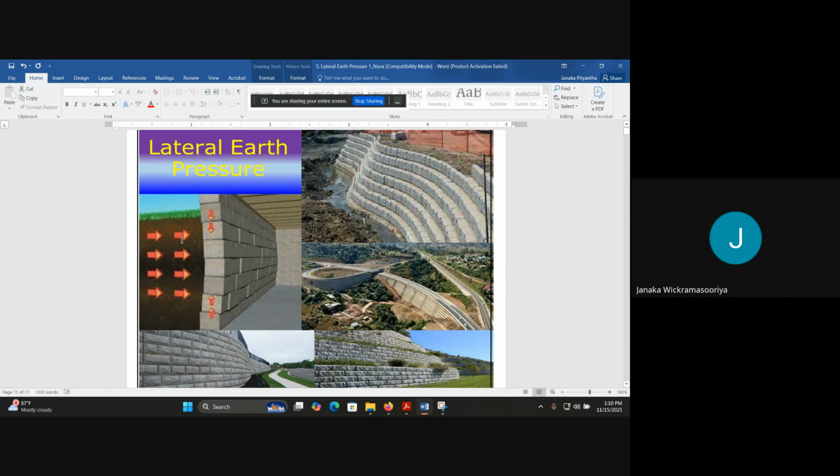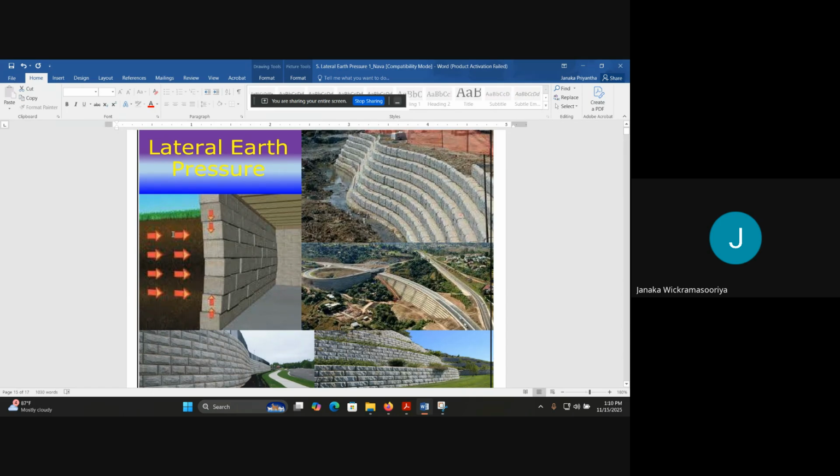So what we are going to calculate is the lateral forces acting on these vertical or retaining structures. The basic idea or the basic requirement of this kind of retaining structures is to retain a particular amount of soil.